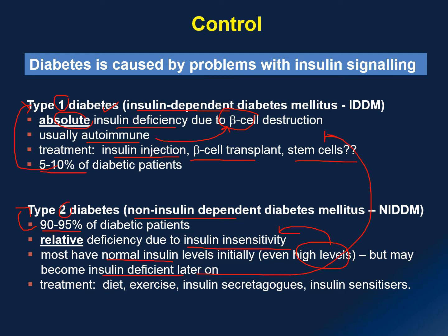So how do we treat type 2 diabetes? Well, first of all, we can reverse type 2 diabetes by having a healthy diet, exercise, and we can use insulin secretagogues to boost the secretion of insulin during the late phase. And we can use insulin sensitizers to boost the insulin sensitivity during the early phase of the disease.